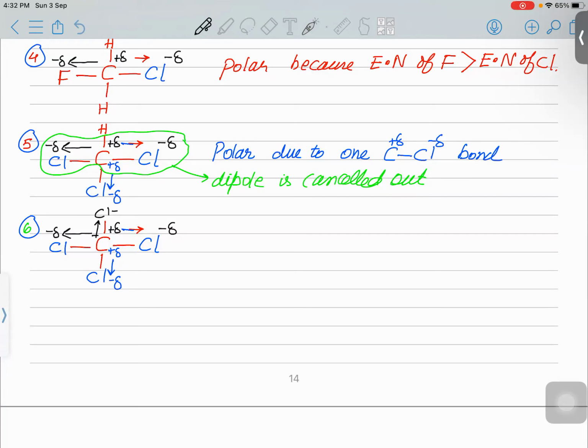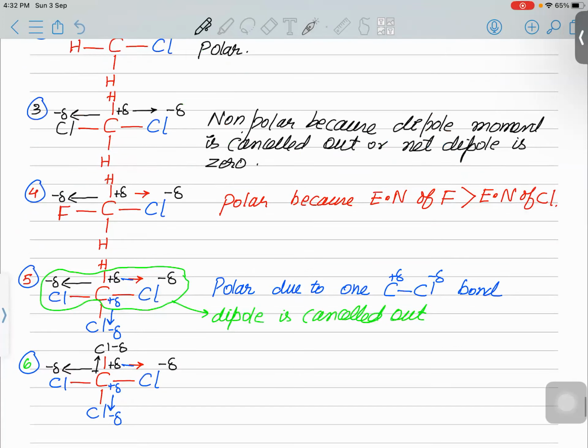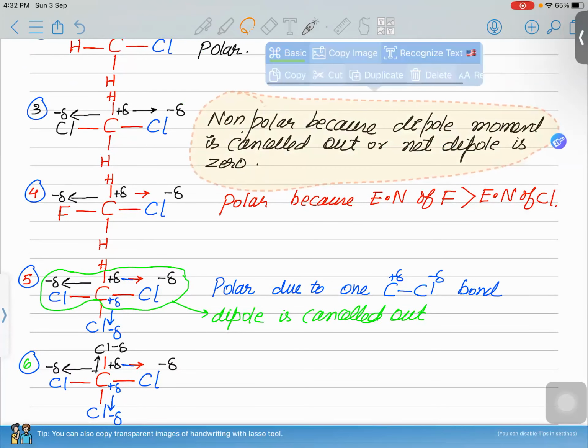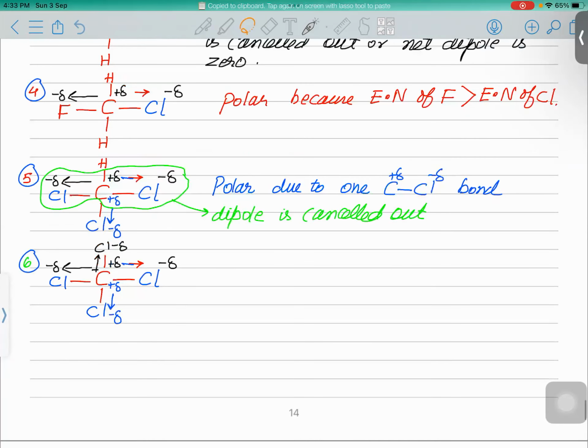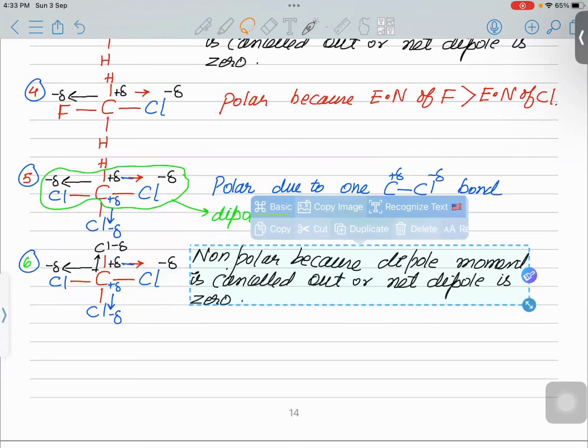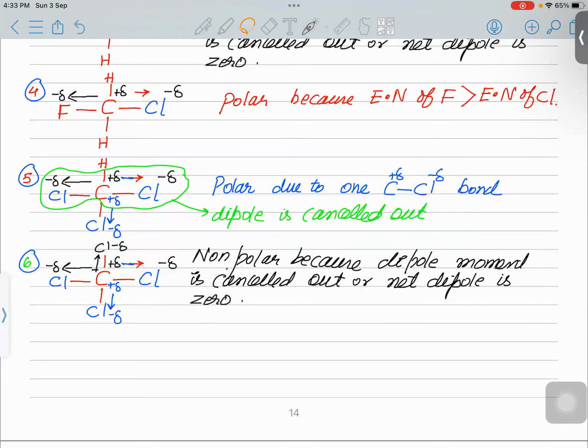Polar, non-polar? Non-polar. Why? All of them cancel each other out. Yes, exactly. So net dipole is cancelled out. Non-polar, because the dipole moment is cancelled out and net dipole is 0.